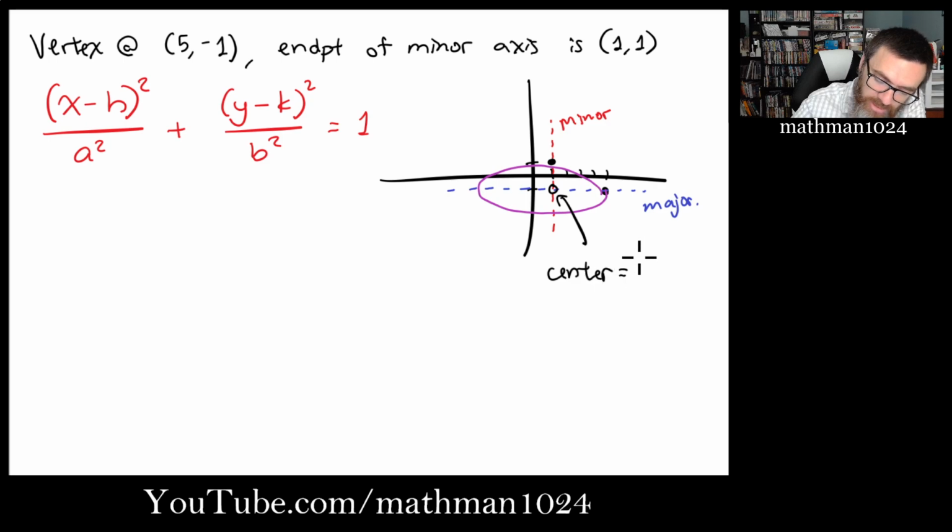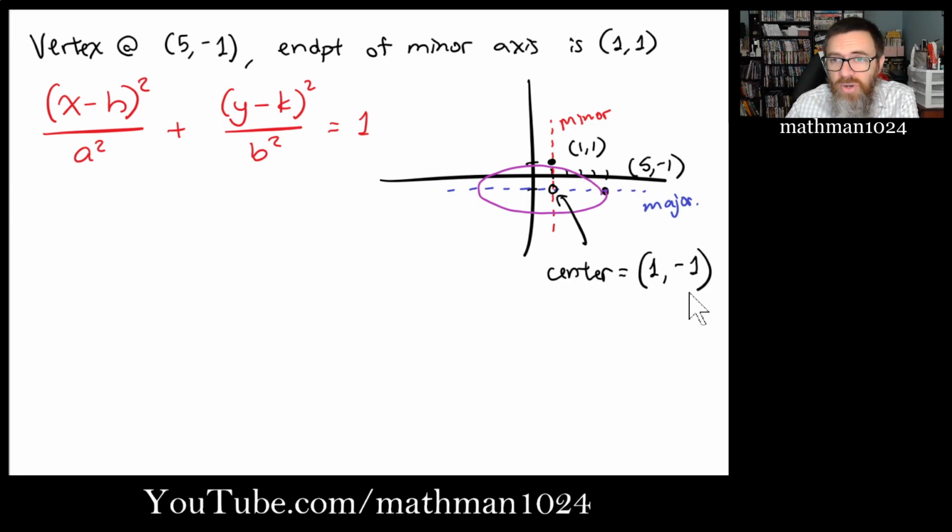So the center will be located where? Okay, so this is the ordered pair 1, 1, and this is the ordered pair 5, negative 1. So the x value here is 1, and the y value here is negative 1. So this is a great place to start. Not only that, but we can measure the distance from the center to this vertex.